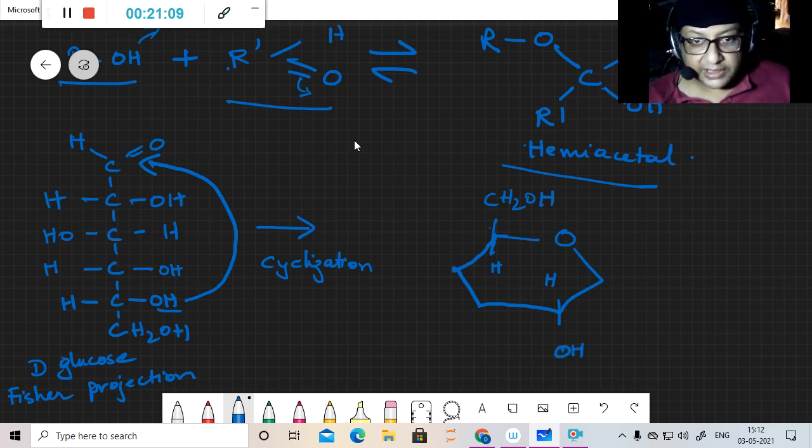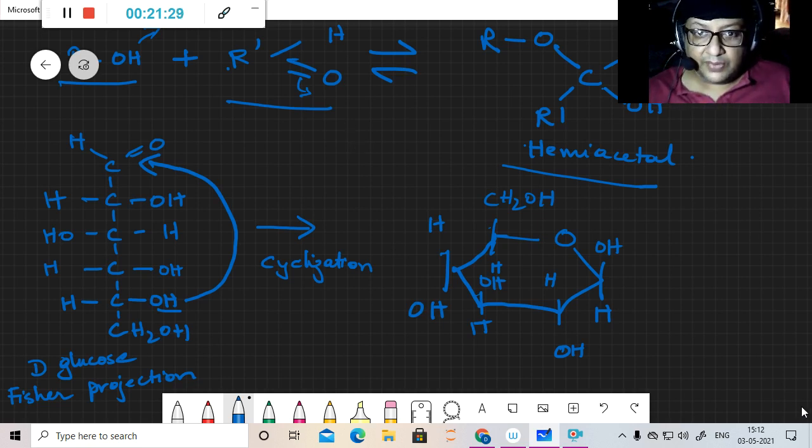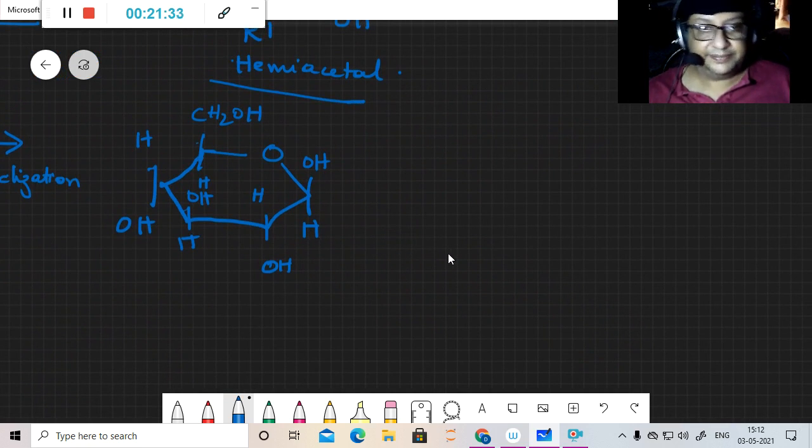HOH. This is the other way around. You have a structure which is similar, something like this.